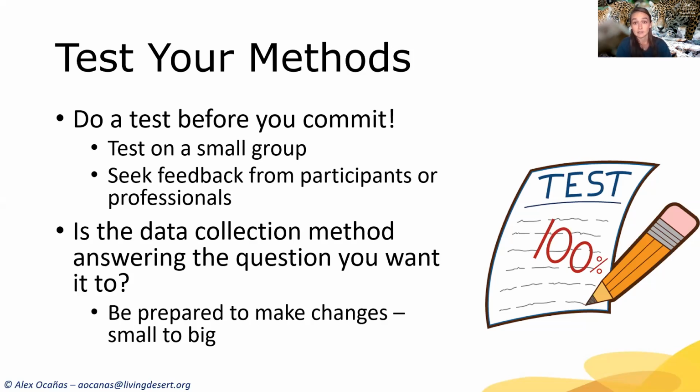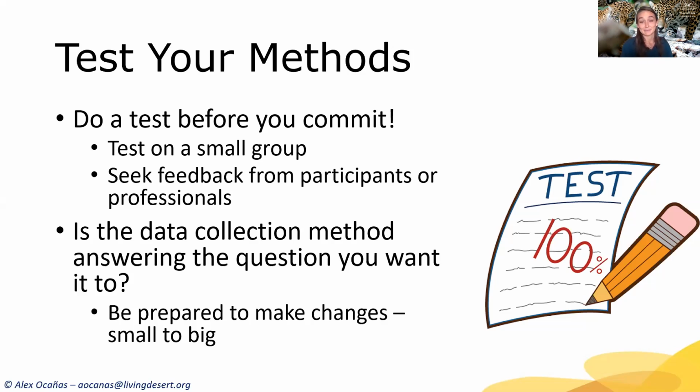If you can't do that, sometimes you can't, then at least try to test your method on colleagues. Just once, to get used to it, to get used to handling the surveys, to get used to asking the questions, but also again to use them to help you come up with what could be improved here. Is the wording clear? Is this the best way? Things like that. So have those conversations.